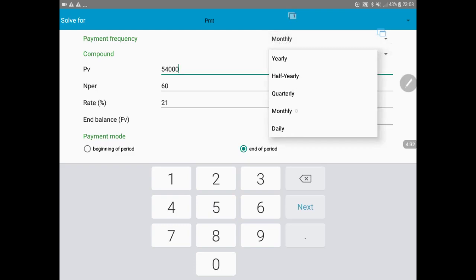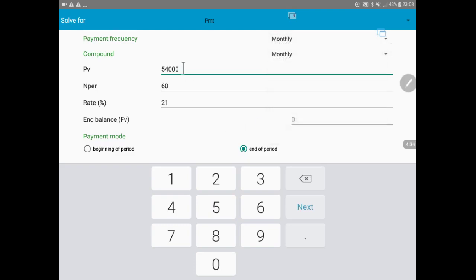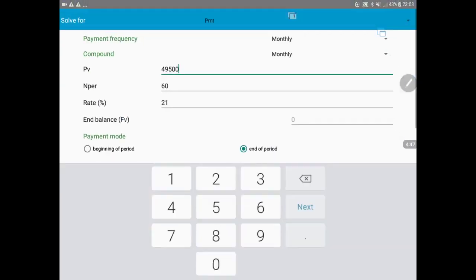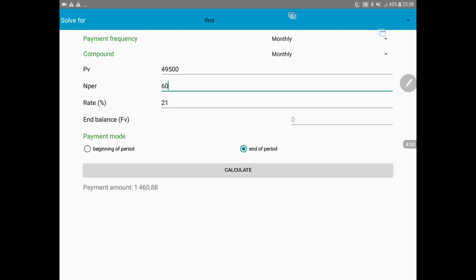They're going to be paying monthly, compounded monthly, and present value 49,500. Yes, 49,500 the present value, and N is 60. Interest is 21%. What are we calculating? The PMT: 1,339 rand 14 cents.